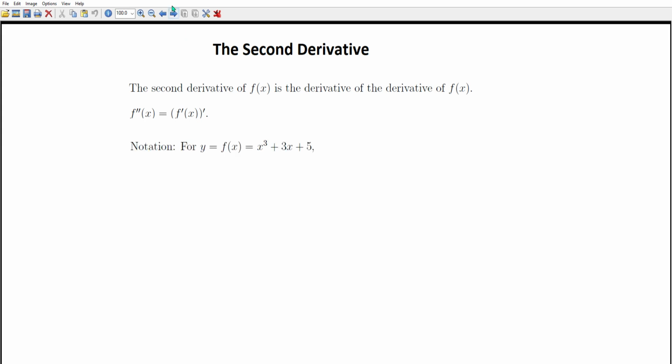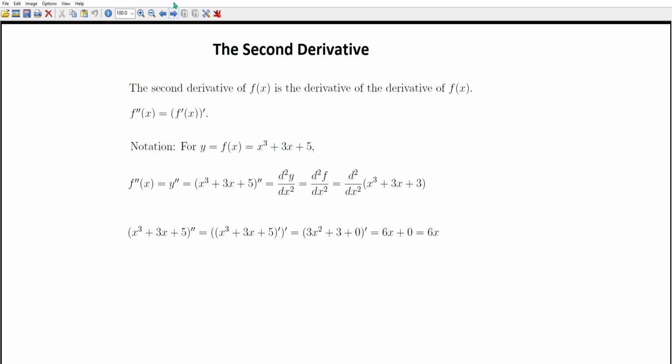Notationally, if we have y equals f of x equals x cubed plus 3x plus 5, the notation for the second derivative is f double prime, y double prime. Then the Leibniz notation is d squared y over dx squared, which is the second derivative of y. Same idea with f.